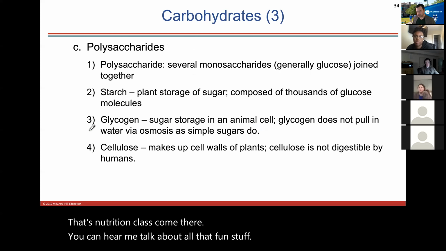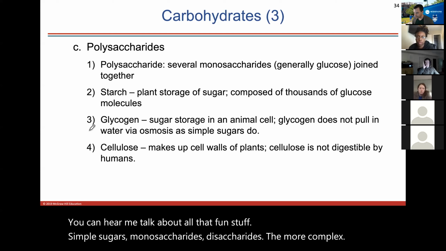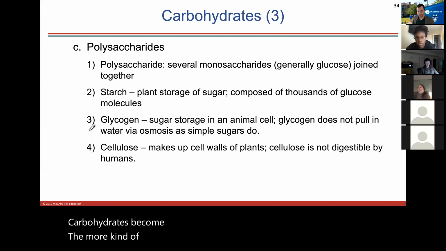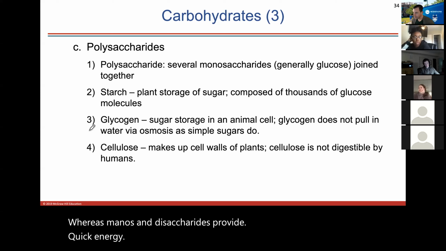Simple sugars, monosaccharides, disaccharides. The more complex carbohydrates become, the more varied function they have. Whereas monos and disaccharides provide quick energy, polysaccharides go into structure for the most part.